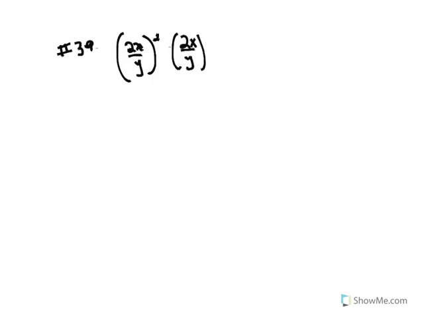Okay? Now, what we want to do is problem number 39. And problem number 39 is a little bigger, right? We have 2x divided by y to the second, and 2x divided by y, yes, to the second. Now, please notice that in these cases, 2x divided by y repeats.